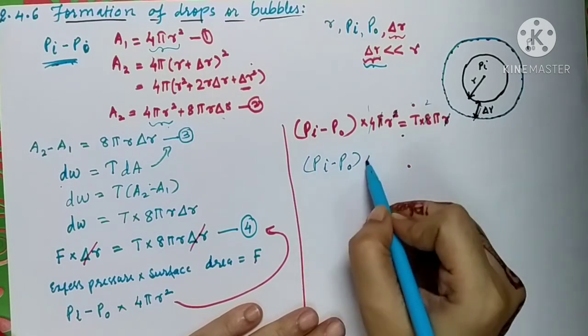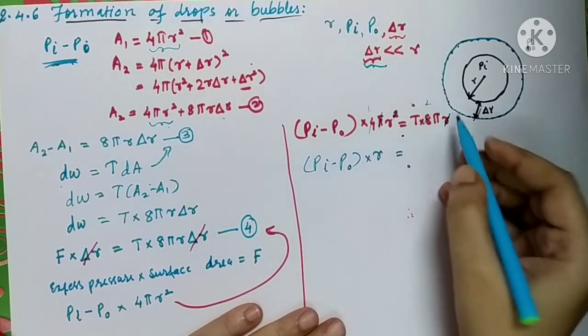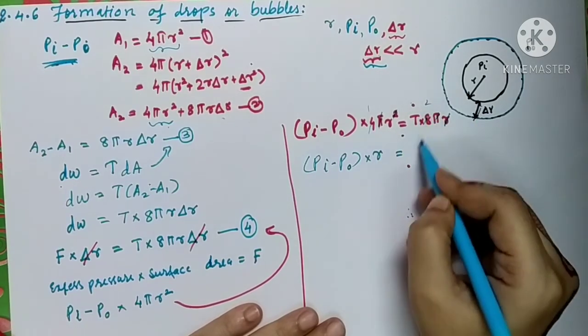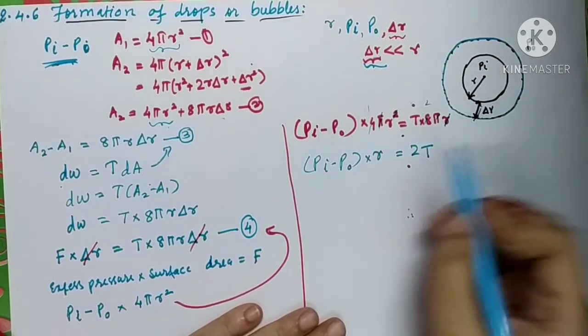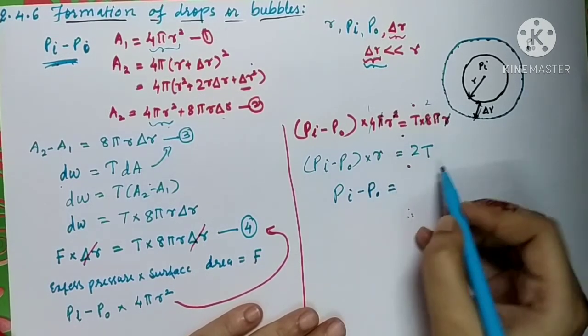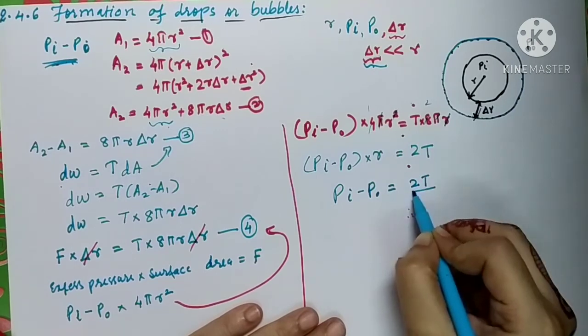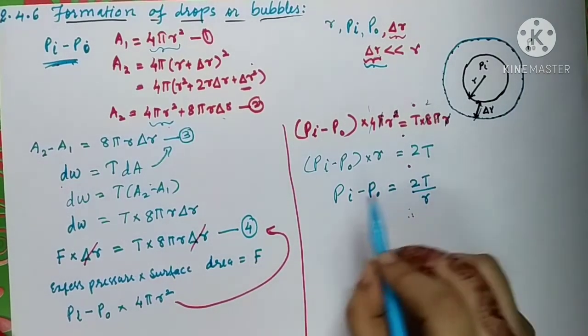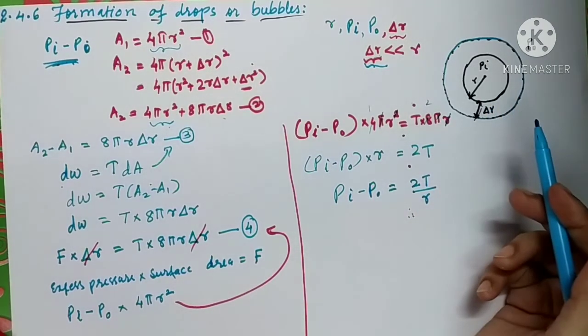Here what is remaining? Only R is equal to, everything is being cancelled here, only 2T is remaining. So Pi minus Po is equal to 2T upon R. This is the required expression for the excess pressure inside a liquid drop.